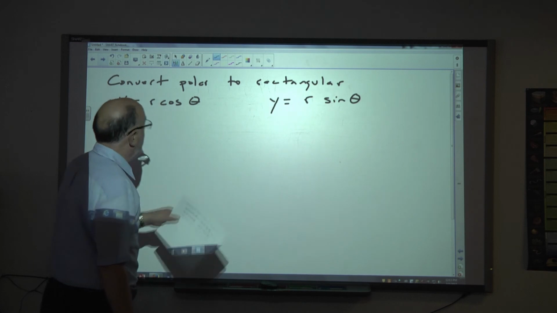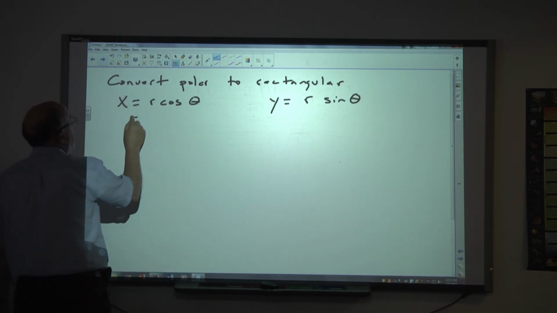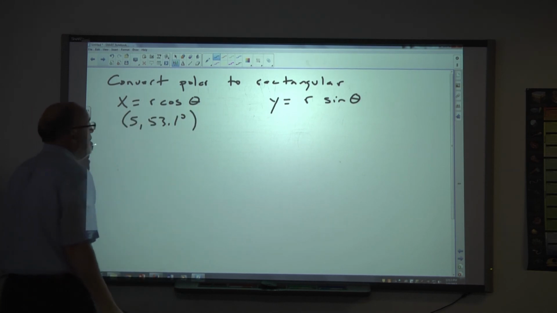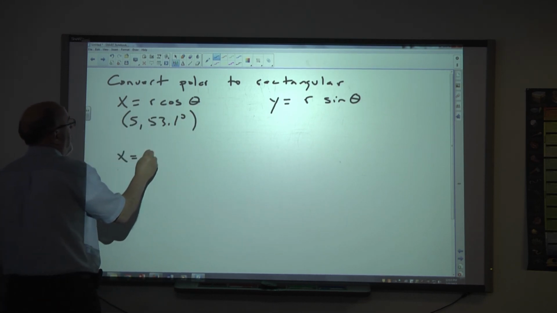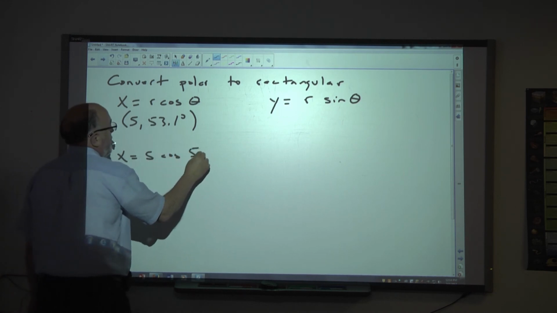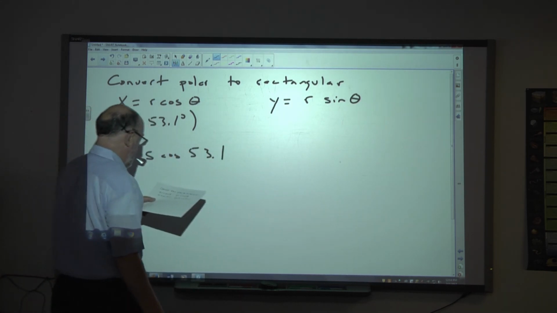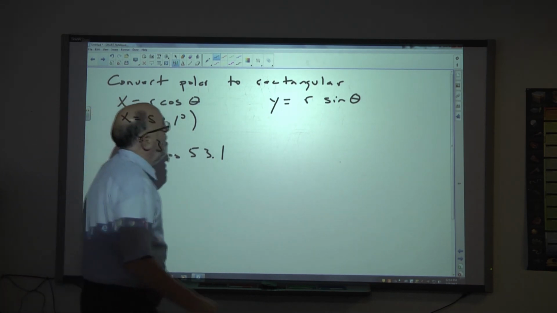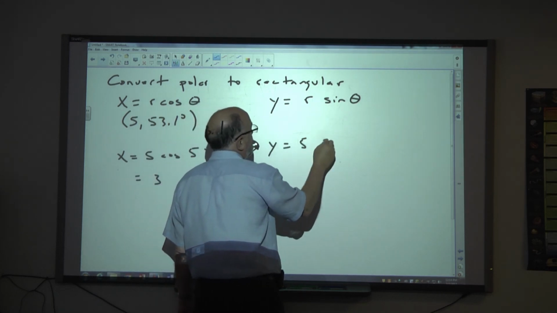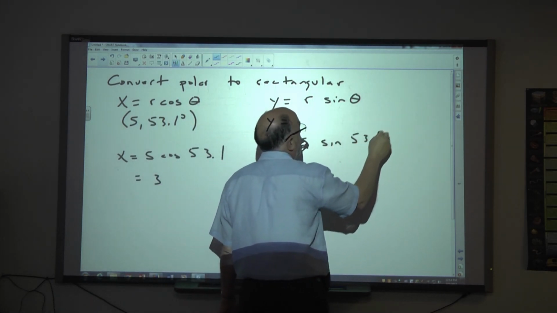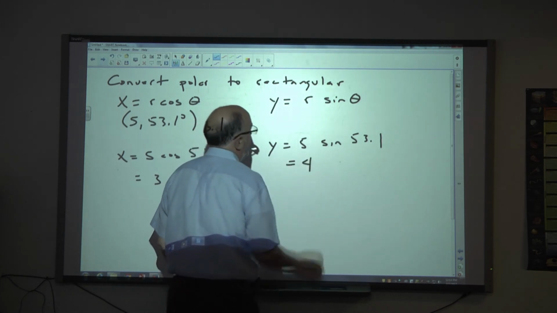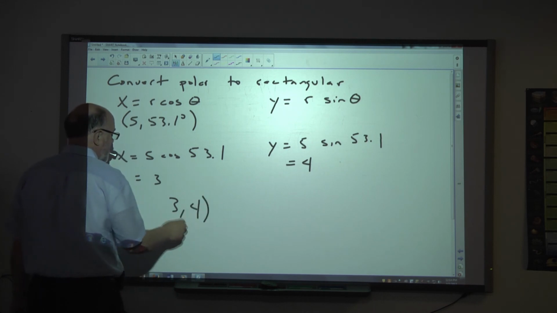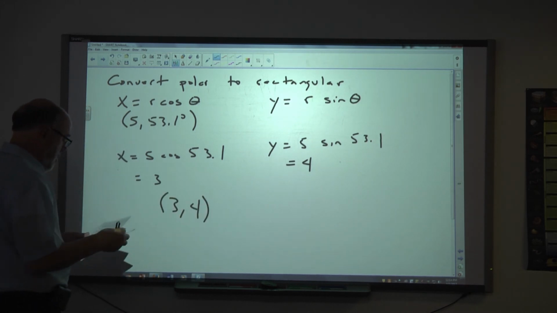So if I had the point 5 at an angle of 53.1 degrees, and I want to convert that, the x value is going to be 5 times the cosine of 53.1, which will come out to be basically 3. And then my y value will be 5 times the sine of 53.1, given our rounding, will come out to be basically 4. And we would get the point that we started with, which is the point 3, 4.